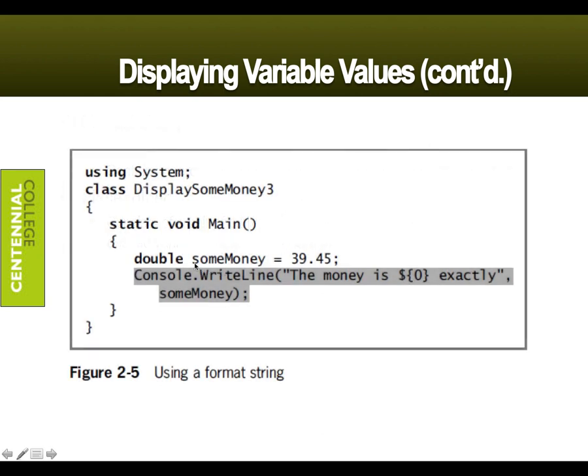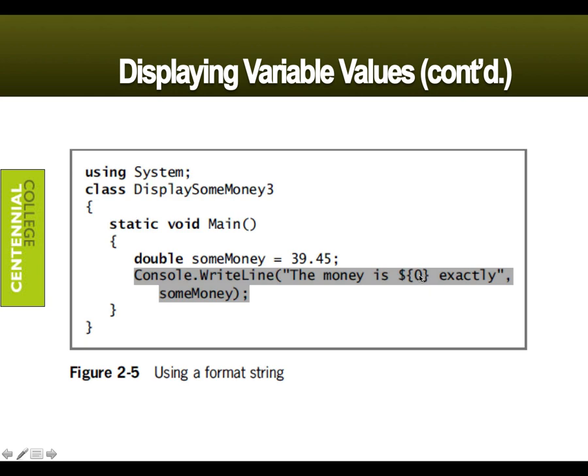Okay, here's one. So here's double. Take a look up here now. I've got some money, right, and the value is 39.45. I use my assignment operator to take this value and put it into some money, right? Then I do a Console.WriteLine, and I say the money is, and I use this $ sign to say it's money, right? And then I use these curly braces.